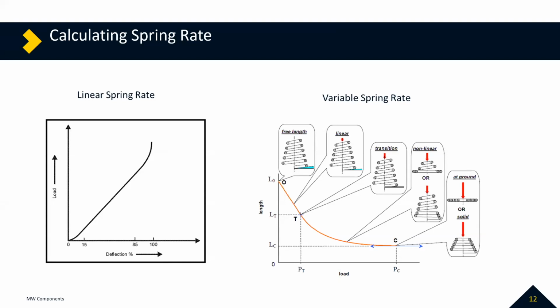It helps if you've got an area in your assembly that requires that additional load that you need to pick up prior to coil bind or solid. It's just another way of designing almost two springs into one, so to speak.